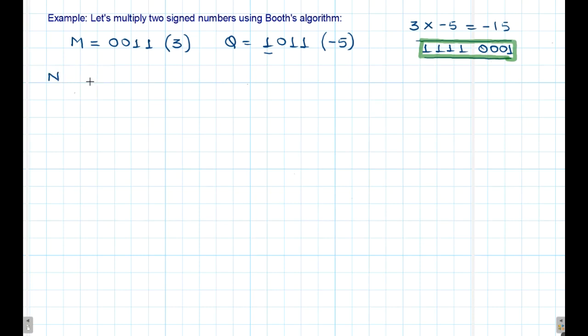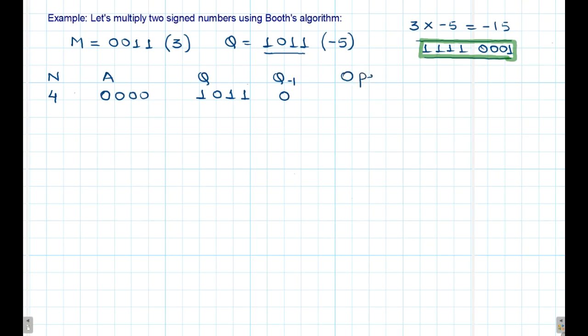The number of bits of Q is 4, which means that n will be initialized with the value 4. Then the accumulator, that is A, is initialized with the value 0. Q, the multiplier value, is 1011, and one more bit, Q minus 1, is initialized with 0.